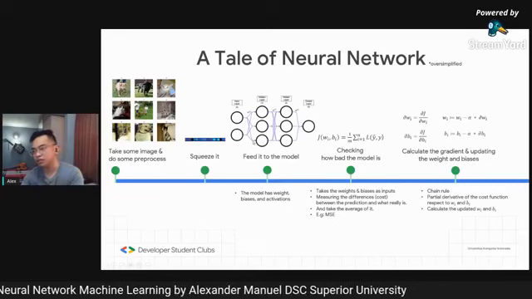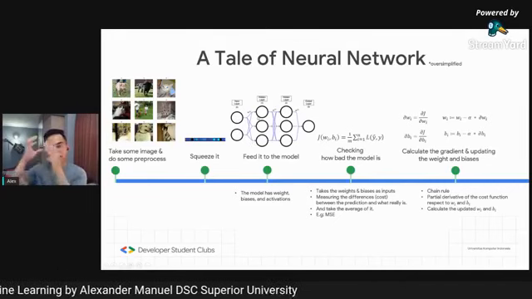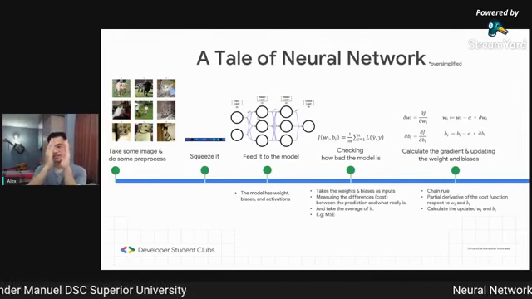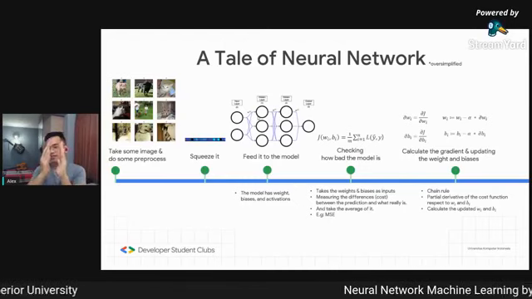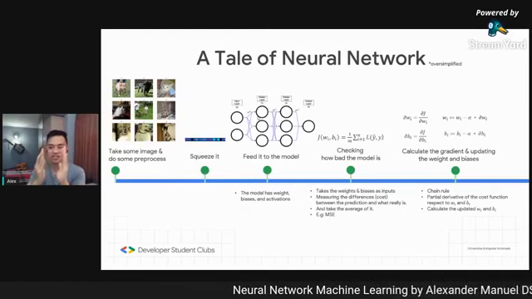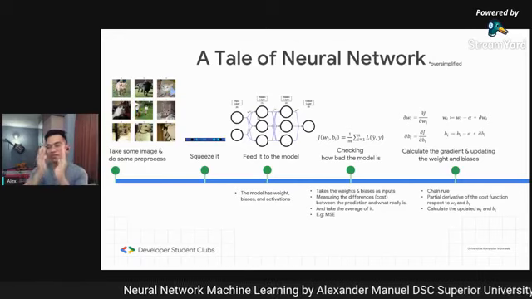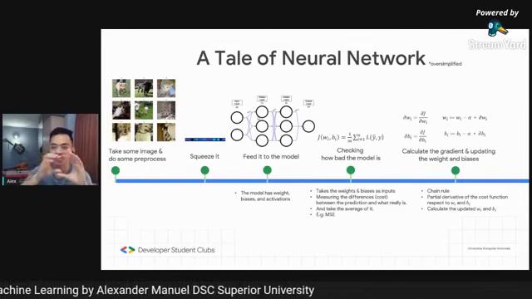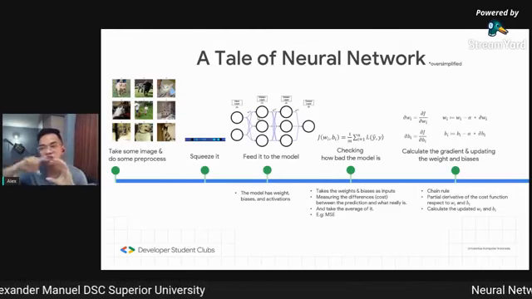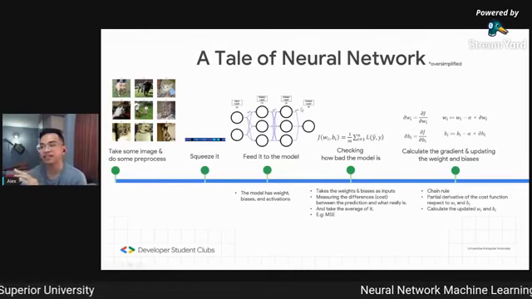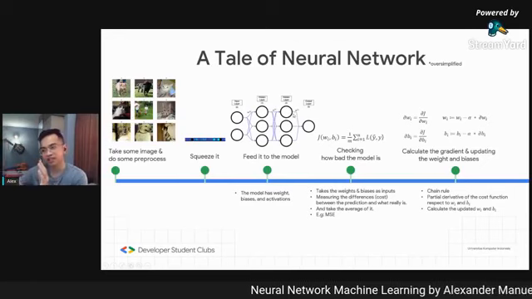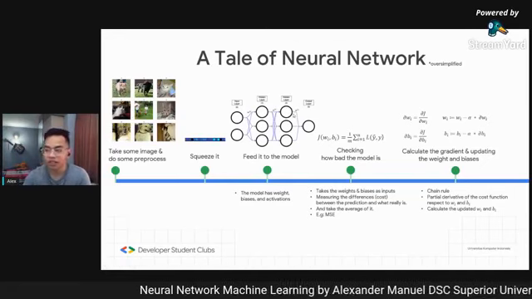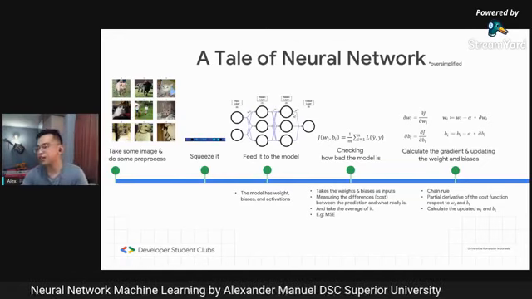In that hidden layer, there are the biases and also the activations. The activations will determine how much value will be forwarded to the next hidden layer. And the hidden layers go on. You can use tons of hidden layers actually.